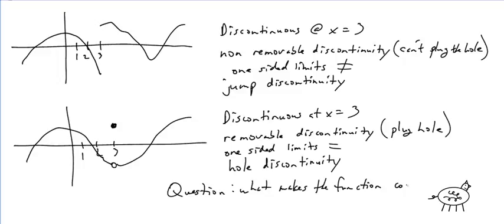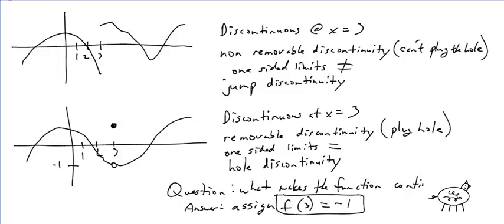What makes a function continuous? Basically, this is the answer: you assign f of 3 equal to, if we make this negative 1 here, we assign f of 3 equal to negative 1.